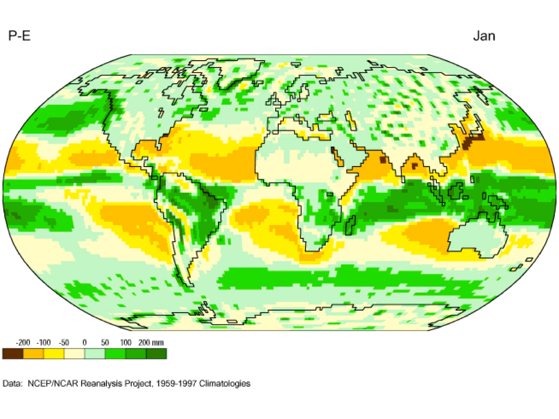So the following two maps show the difference between precipitation and evapotranspiration on the Earth's surface. So where the colors are sort of beige, yellow, orange, then brown, that is where there's more evapotranspiration taking place than precipitation.